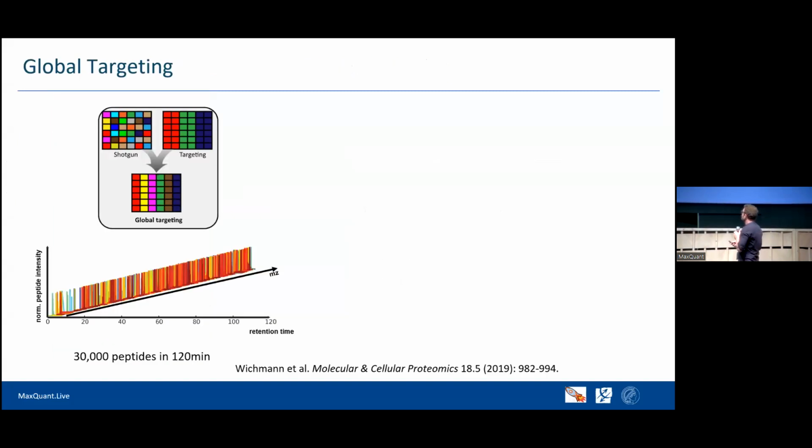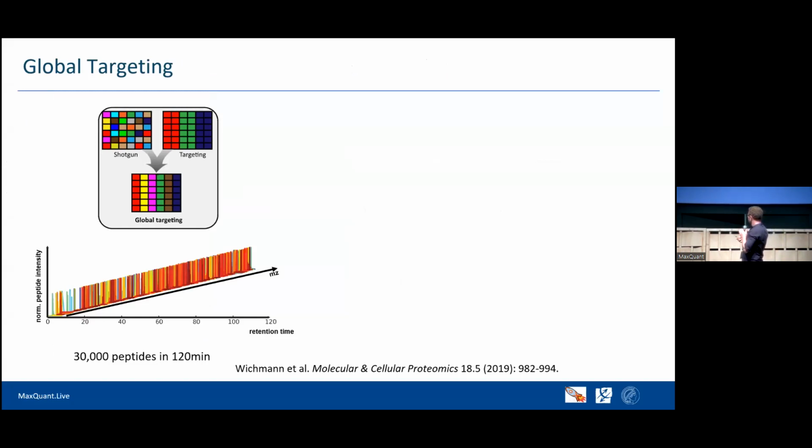So the global targeting idea was to somehow combine shotgun, DDA, and targeting. So that means do targeting, but on a large scale. So have much more targets than you actually do in classical targeting, and probably as many PSMs as you can get with DDA.